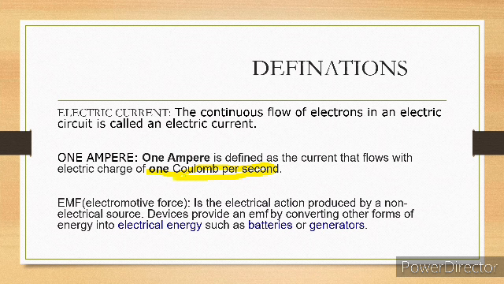Next is EMF. EMF is nothing but electromotive force. It is the electrical action produced by non-electrical sources. Devices provide an EMF by converting other forms of energy into electrical energy, such as batteries or generators. Any device you take, like batteries, generators or even motors, is simply a mechanical structure.